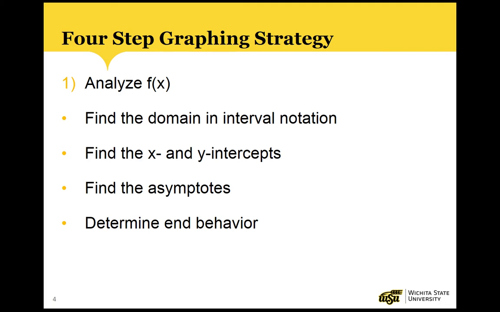For instance, if it's a polynomial, we're going to know that its domain is all real numbers, or if it is a function that has a denominator, we're going to exclude the values of x that make the denominator equal to 0, etc. We're also going to find the x and y intercepts of that original function f of x. We are going to find any asymptotes of the function, and we're going to use our knowledge of limits to determine the end behavior of the function.